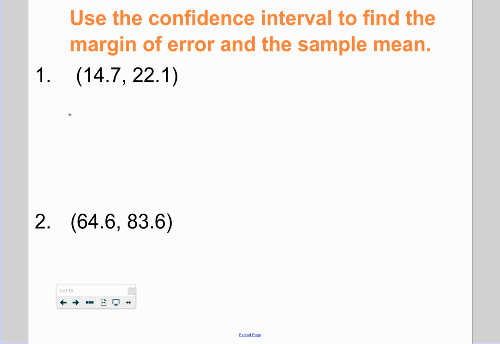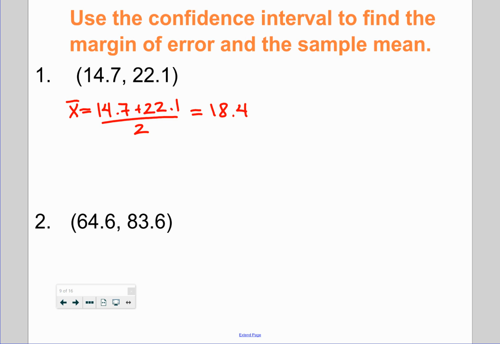To find the sample mean, it's my midpoint, the average of the ends of my confidence interval. So we just add them up and divide by 2. 14.7 plus 22.1 divided by 2. I get that the sample mean is 18.4.